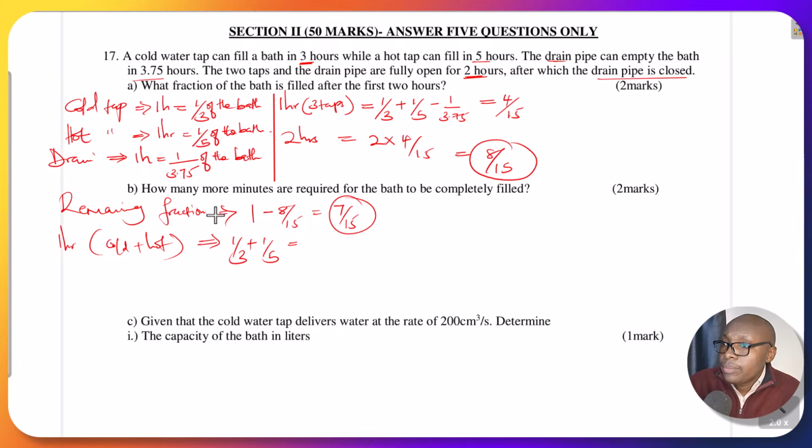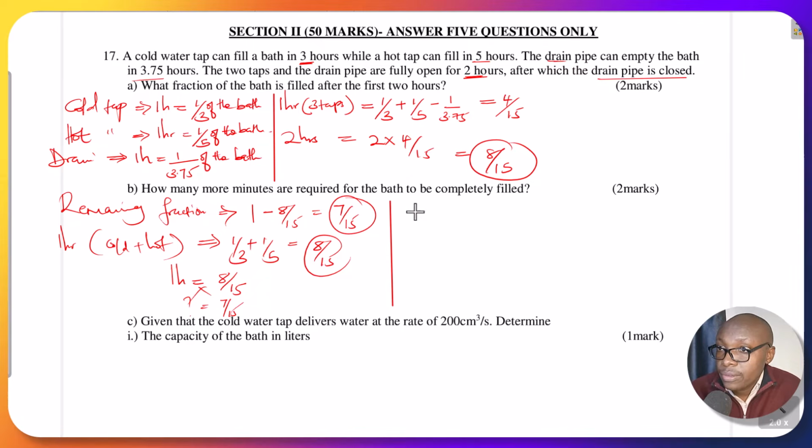When you add them, this will give 8 divided by 15. So in 1 hour, both the cold and the hot taps will fill 8 divided by 15 of the bath. So what about the remaining fraction, which is 7/15? How long will it take to fill this? We simply cross multiply here.